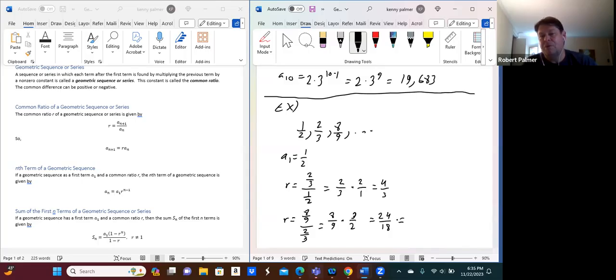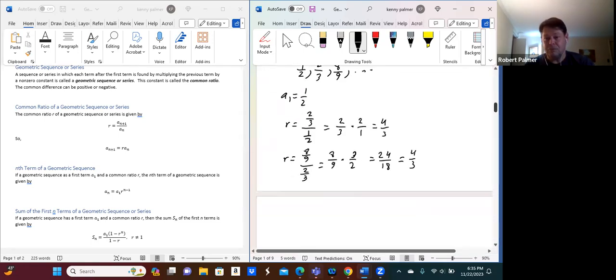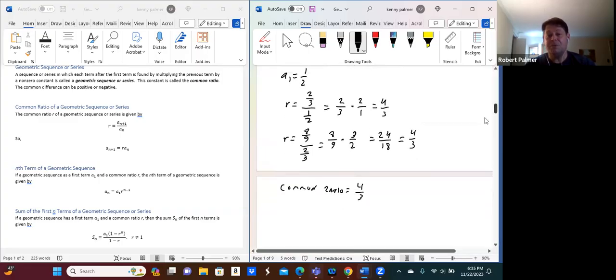Yeah, that's also 4/3. Good. Okay, so our common ratio is then 4/3.